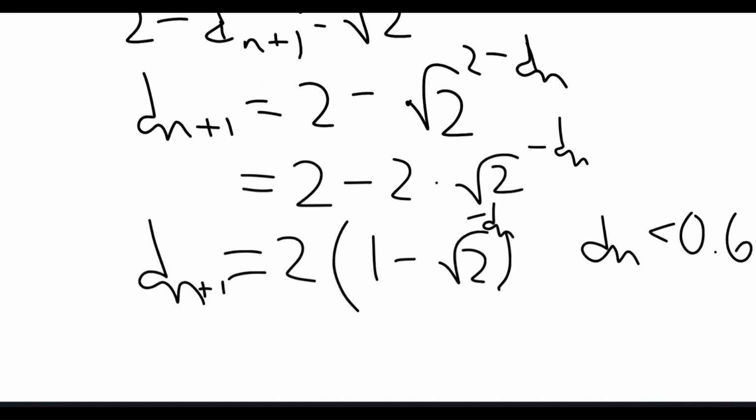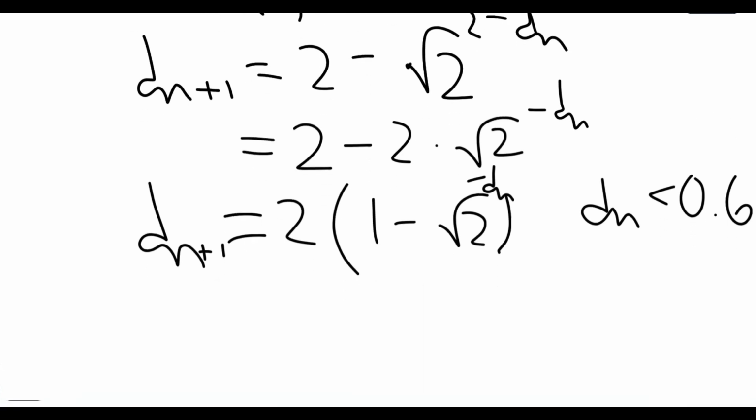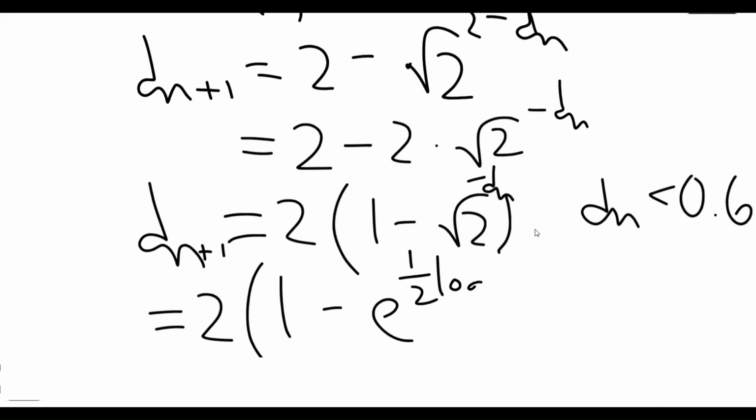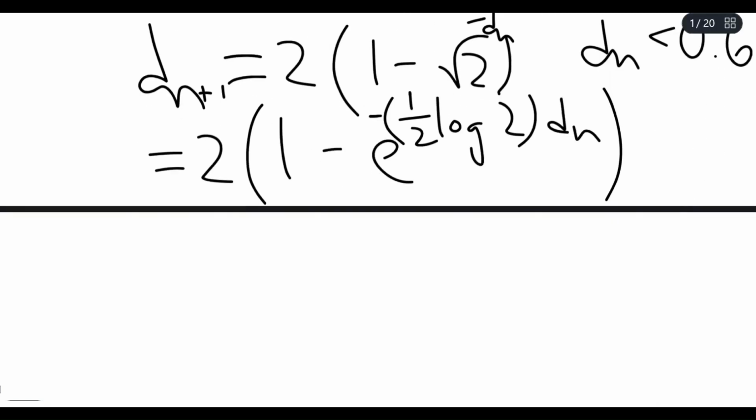Okay, so I can use the Taylor series to expand root 2 to the minus d_n to estimate how big that is. So let me just expand that. Well, this is e to the minus one half natural log 2 times d_n. Now I know the power series for e to the x. It's going to get a bit messy.